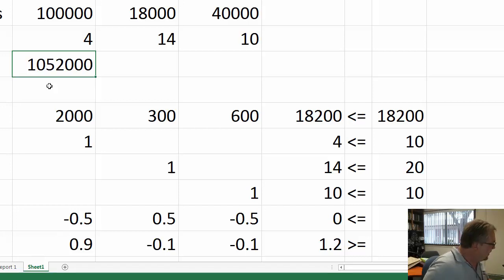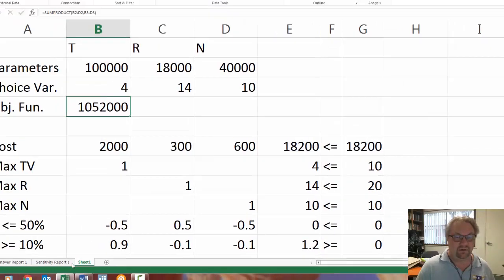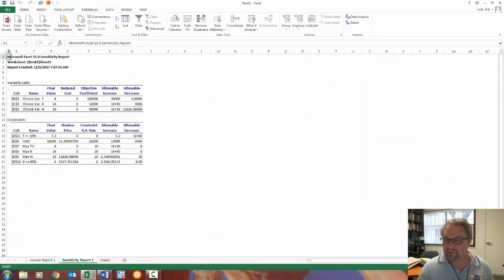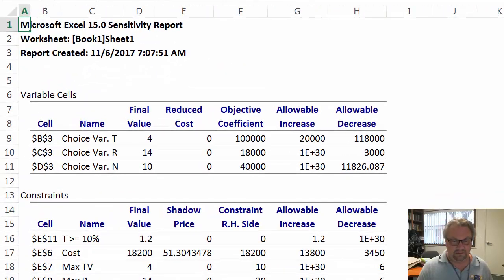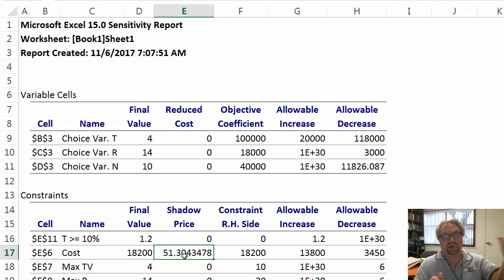Part B: how much would audience contact increase if an extra $100 were allocated to the promotional budget? To answer this, I go to my sensitivity analysis. Here's my cost, and the shadow price is $51.30. So for each dollar increase in my budget, I'm going to reach an additional 51 people.